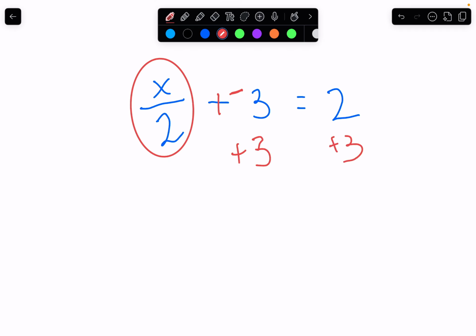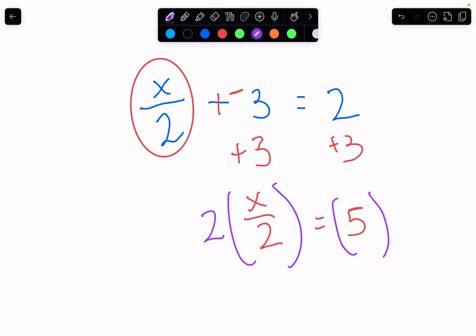I'm going to have 5 left on this side and x divided by 2 on this side. Now, how do I undo division? Well, I multiply, right? So times 2, x equals 10.